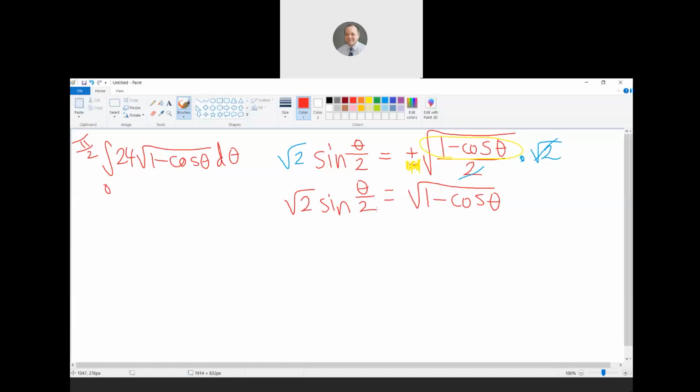Now, we haven't done a u substitution. We will eventually. What I'm doing now is just a regular substitution. So I'm replacing the square root of 1 minus cosine theta with the square root of 2 sine theta over 2.